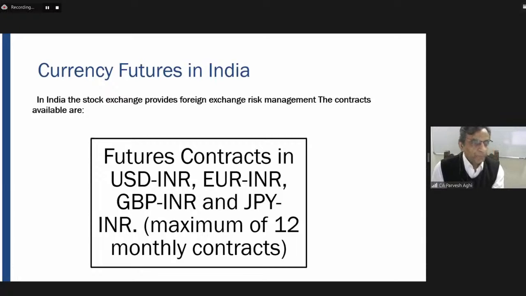Maximum 12 monthly contracts. So there are 12 monthly contracts in India. Whenever you go to the market, now today we are in January, so we'll have January to December, 12 monthly contracts available, depending upon which month you are looking for.